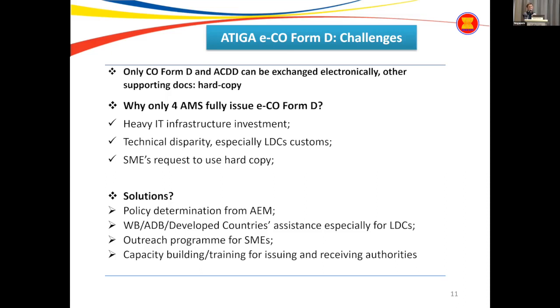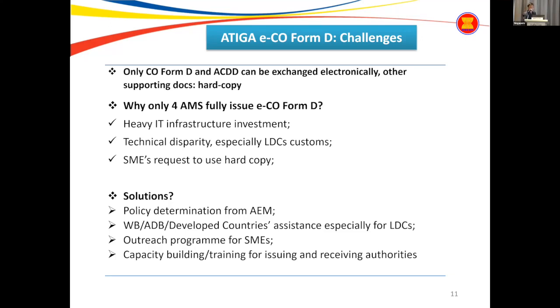Because with ECO, you only transfer electronically one type of document. It's just the CO. How about other supporting documents like the invoice and packing list? I think Stefano already highlighted this before. That's why, yep, I know it's only 4 minutes. Okay, very quick.